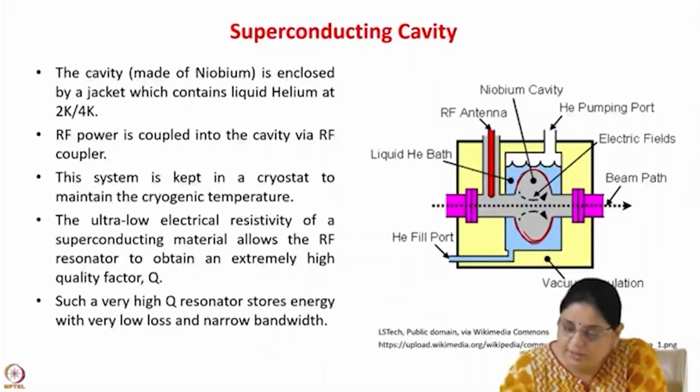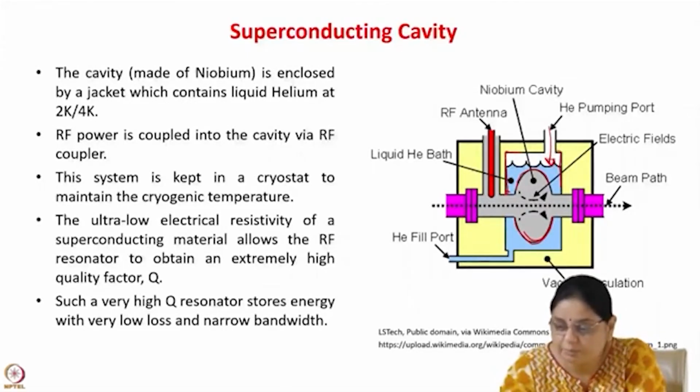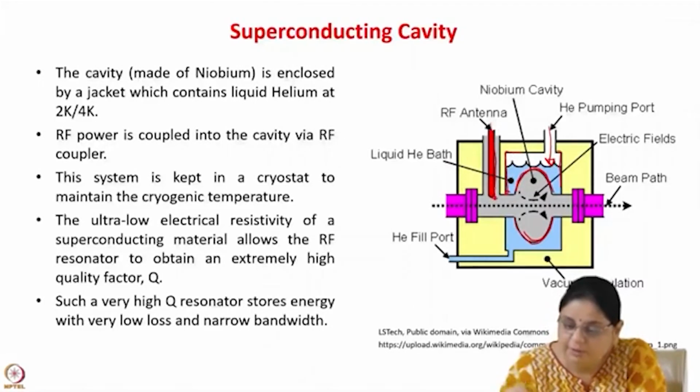For this, the cavity is enclosed inside a jacket, and in this jacket, helium at 2K or 4K is put, which cools the surface of the cavity, and the cavity becomes superconducting. Then power is coupled to the cavity through an RF coupler, and the whole system is put inside a cryostat to maintain this at cryogenic temperatures.